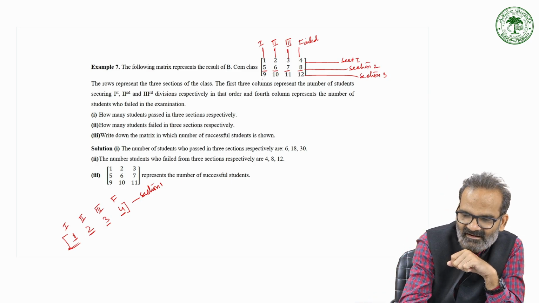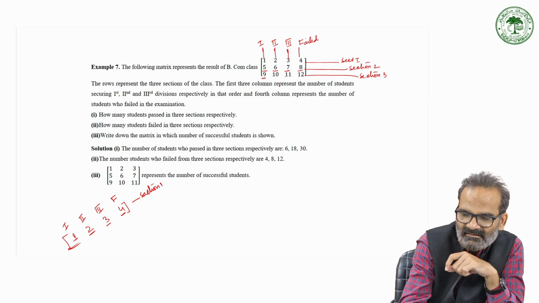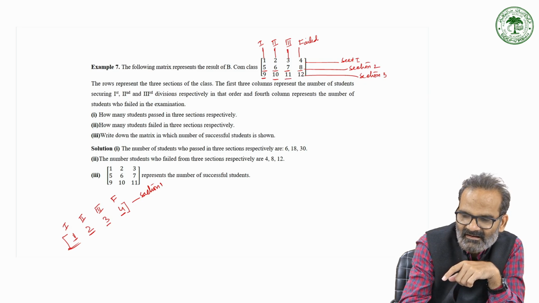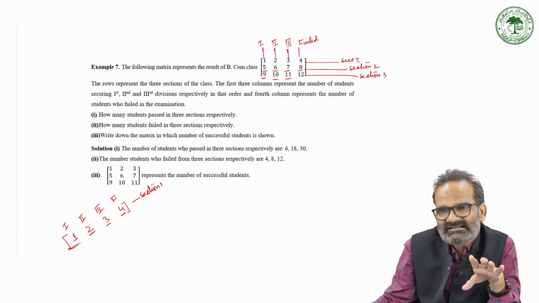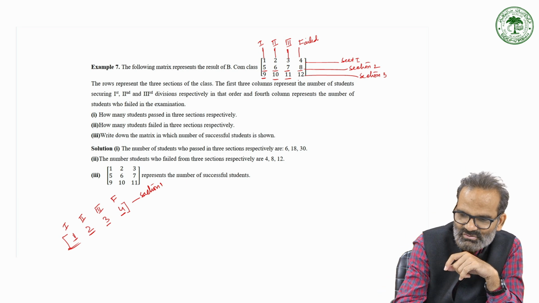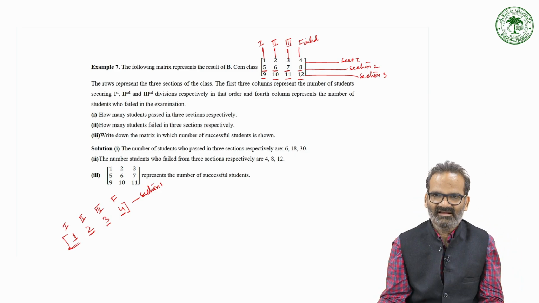Likewise, there are 9 students in section 3 who secured first division. There are 10 students in section 3 who secured second division, and there are 11 students in section 3 who secured third division, and there are 12 students in section 3 who failed, right?